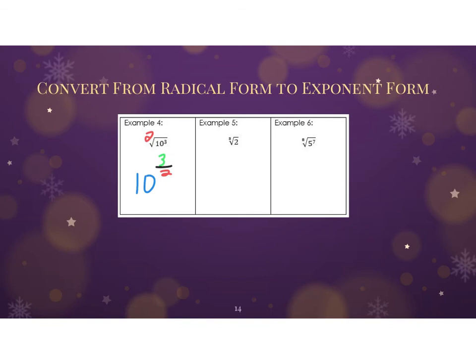Looking at example number 5, before we get started, let's go ahead and make sure we have a number for our index, our exponent, and our base. I see our base. I do not see a number for the index, so remember, not the index, the exponent. If there is no number, what number do we assume? You are correct.